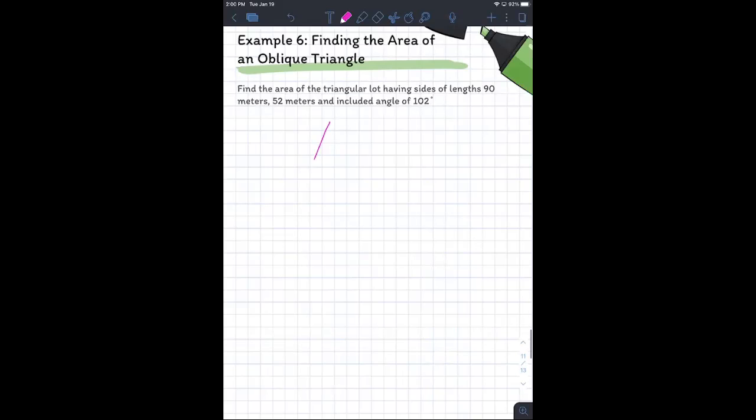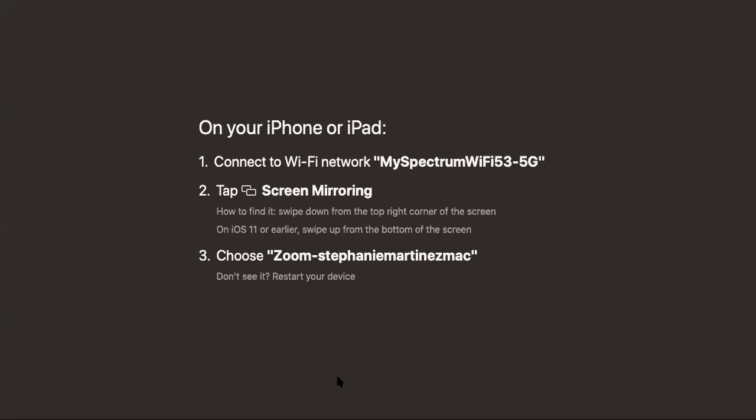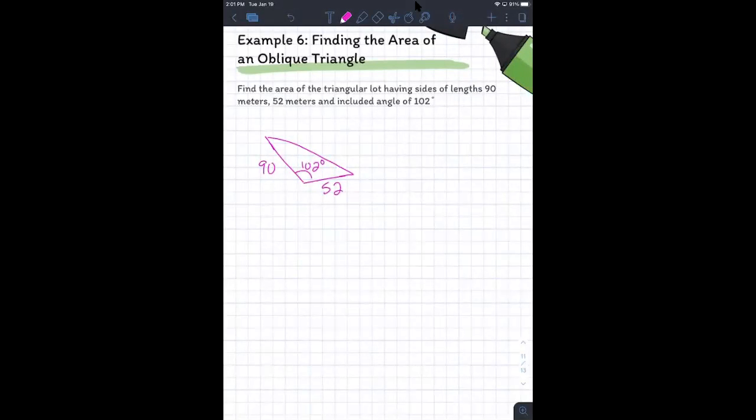Unfreeze screen. Hold on. Oh my God. What is happening to this class? There we go. So pretend it's a really pretty triangle. Okay. It's kind of wonky, but we'll just pretend it looks nice.